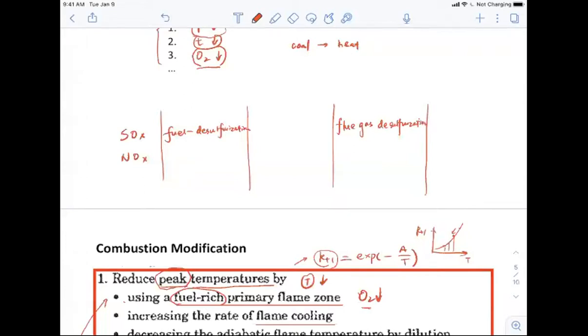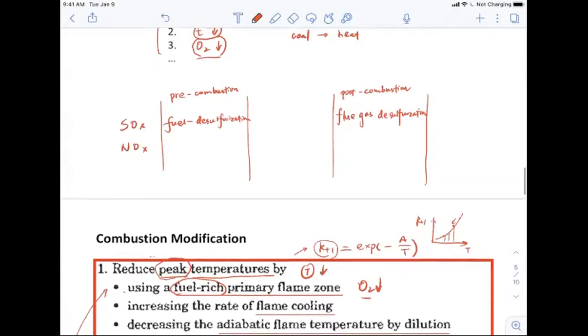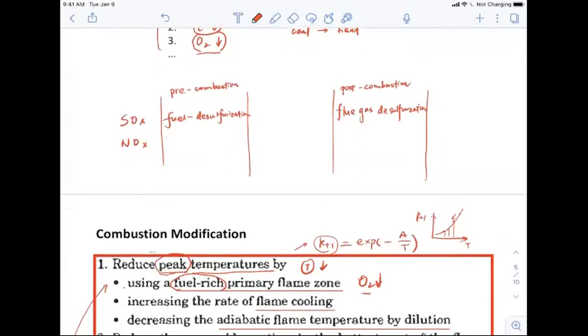Okay, so if you consider the fuel desulfurization and flue gas desulfurization, basically one of them is pre-combustion and the other is post-combustion. The NOx control method, on the other hand, happens during combustion, let's say an in-combustion method.